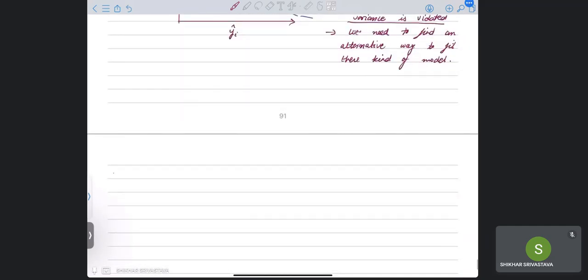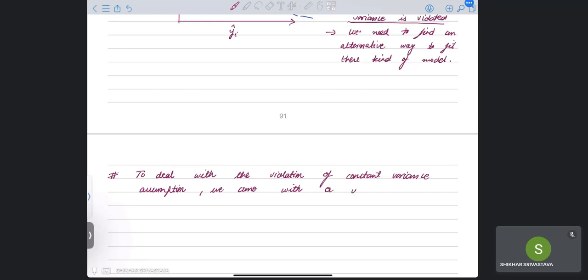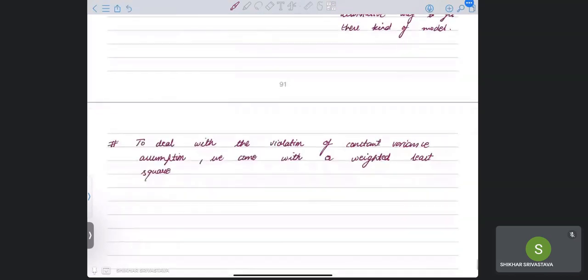So to deal with the violation of the constant variance assumption, we come with another technique which is called the weighted least square method, or function, I would say.